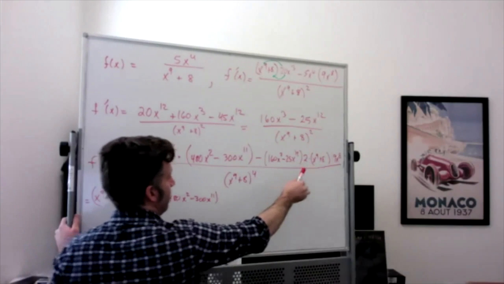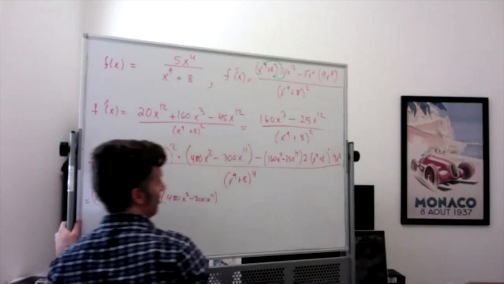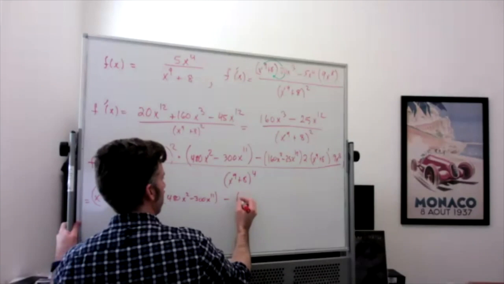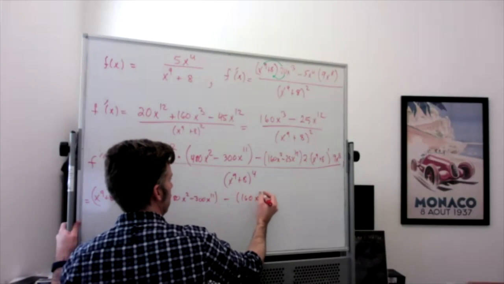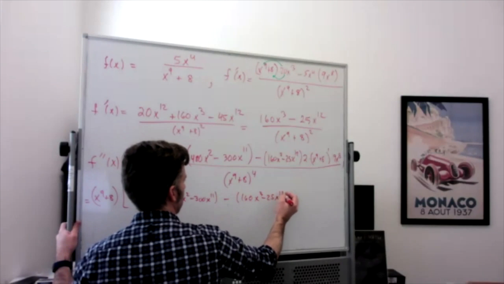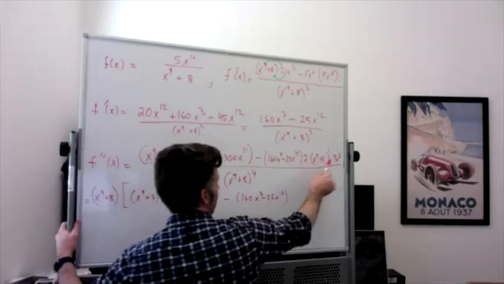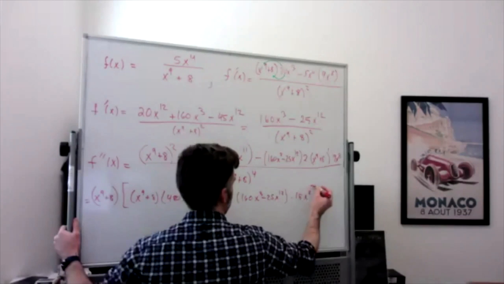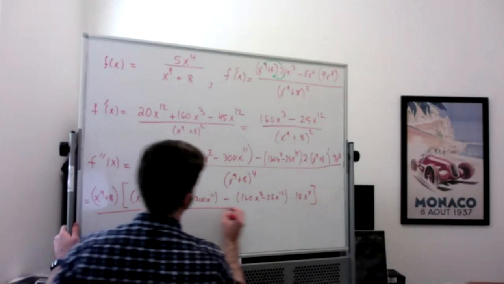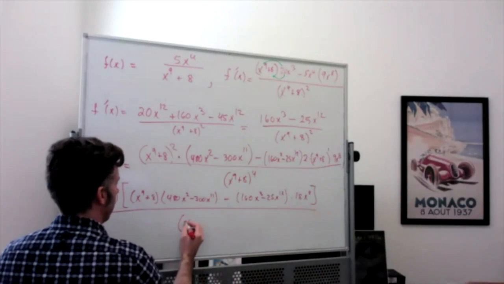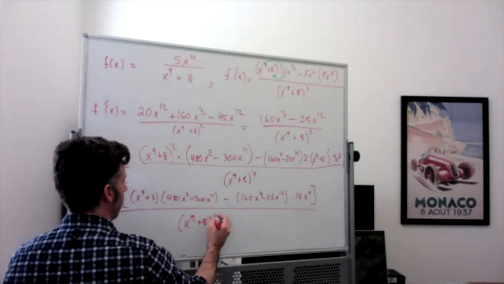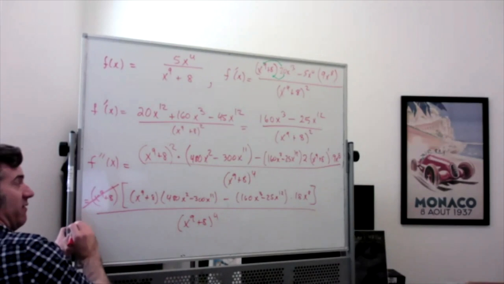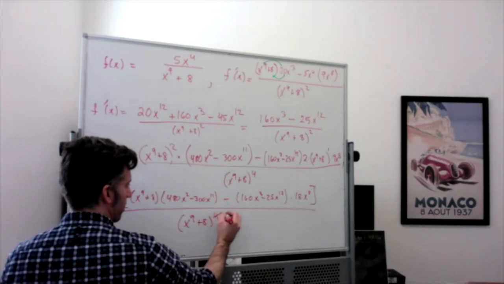But here, if I factor out x to the 9 plus 8, it's gone. There's only one of them, so I'm left with minus 160x cubed minus 25x to the 12th times just a 2 times 9x to the 8th, which is an 18x to the 8th. All divided by x to the 9 plus 8 to the 4th. And then I can cancel this one that I factored out with one of those there.